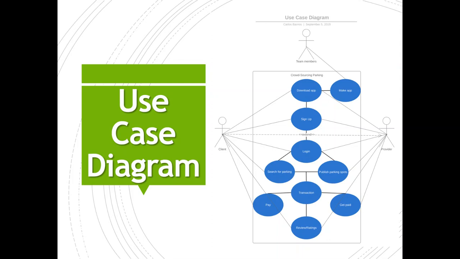And also, once a spot is selected, he is able to engage in that transaction, which leads to a payment and finally a review. On the other side, the provider does have the same use cases, but also has the ability to publish parking spots, and from there, it also is available to receive compensation as well as ratings. So ratings will be for both parts.